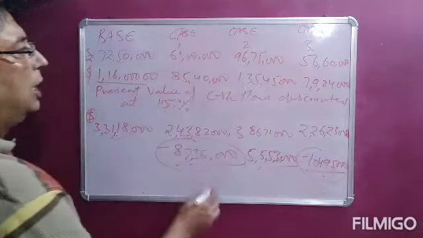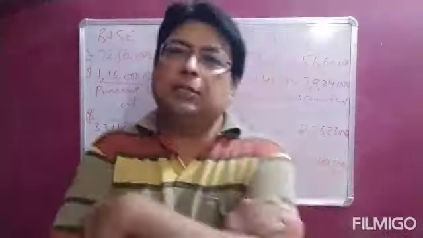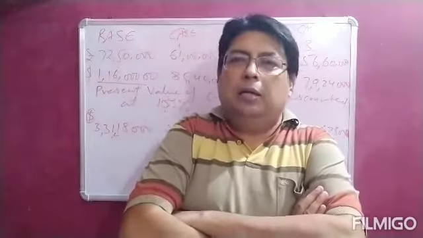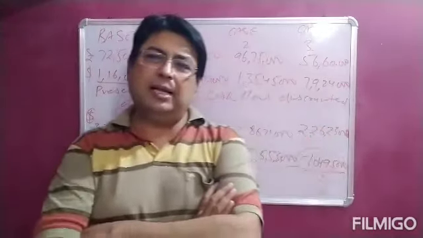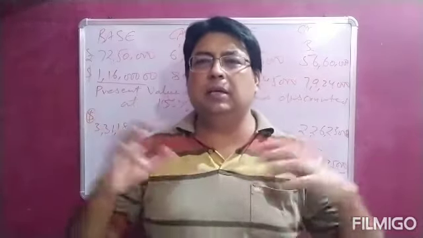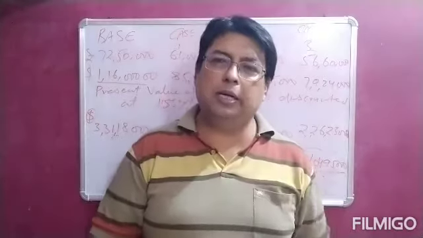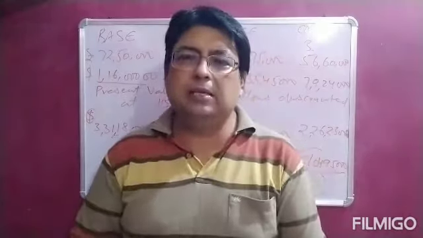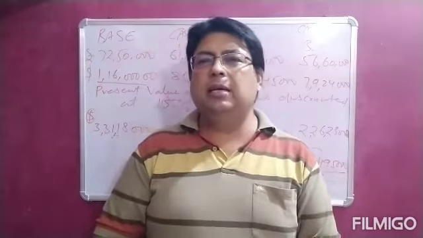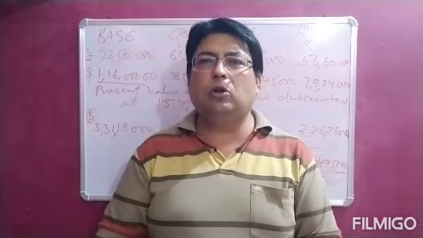This is the impact of exchange rate changes on the operating cash flows of the firm. Here we have discussed various aspects from different angles. We have tried to change different parameters of performance, selling price, inflation, spot rate, and the quantum of sales, and then we have tried to see the impact of these changes in the variables on the operating cash flows.